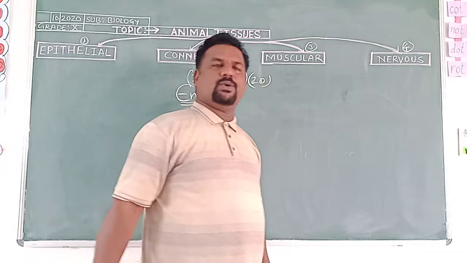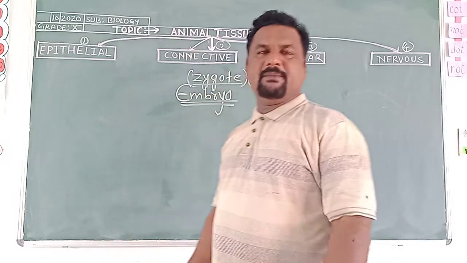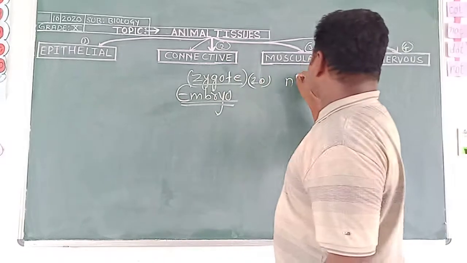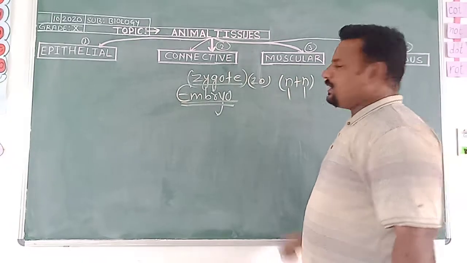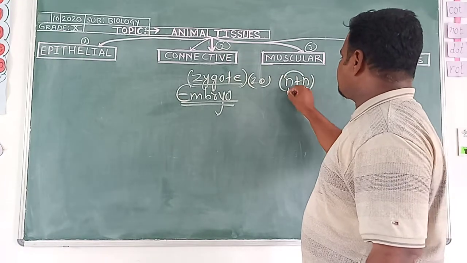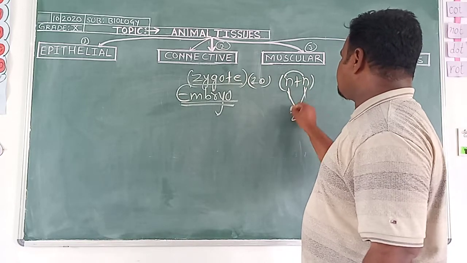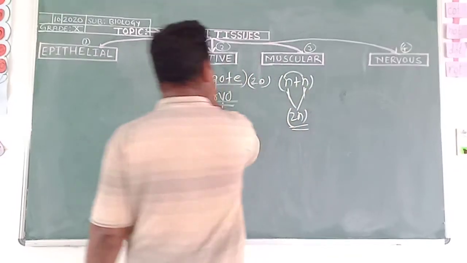During sexual intercourse, during copulation, what happens? There is a formation of this diploid zygote. N plus N. One from the male parent, the other from the female parent. When these two haploid cells fuse, they form a resulting 2N zygote. So the zygote is formed as a result of fertilization.